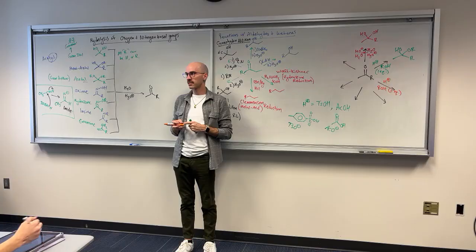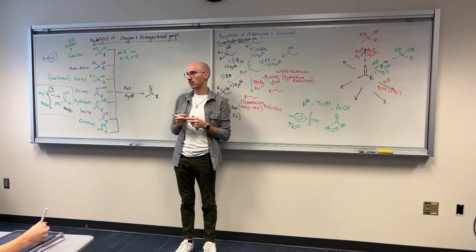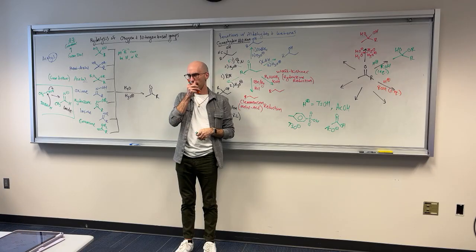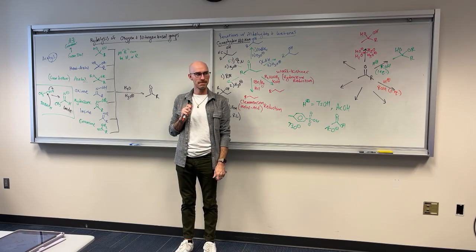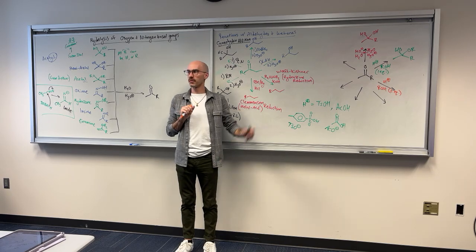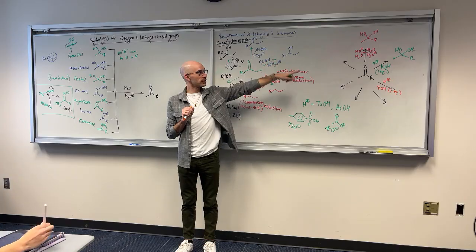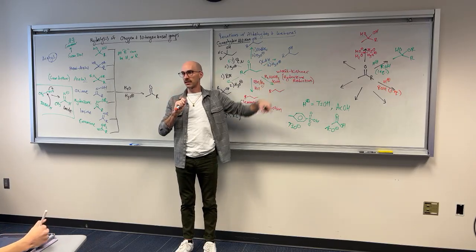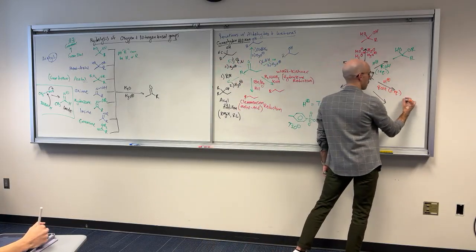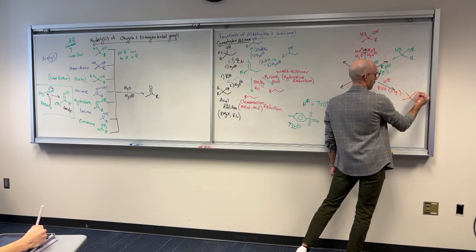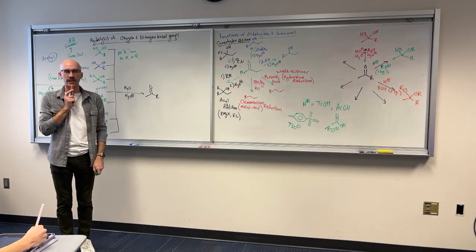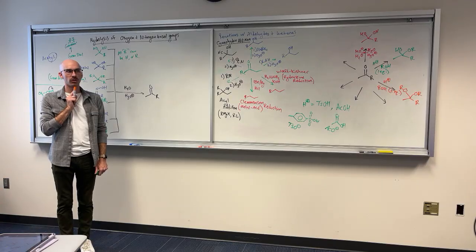Next, H+ and two equivalences of alcohol to give us what functional group? We already made the gem-diol, and we just made the hemiacetal with one equivalence of alcohol. This gives us the acetal. Where do you think the oxygen of the carbonyl went?